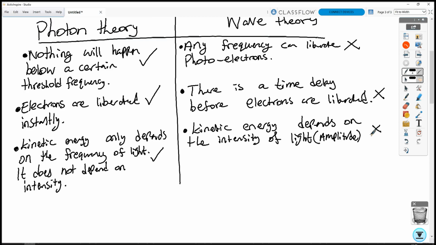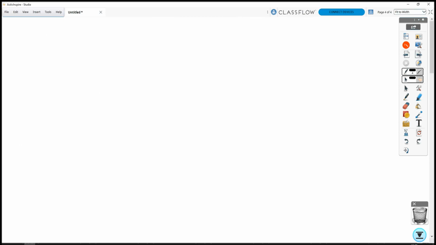We'll start a new page. And this is the Einstein photoelectric equation.